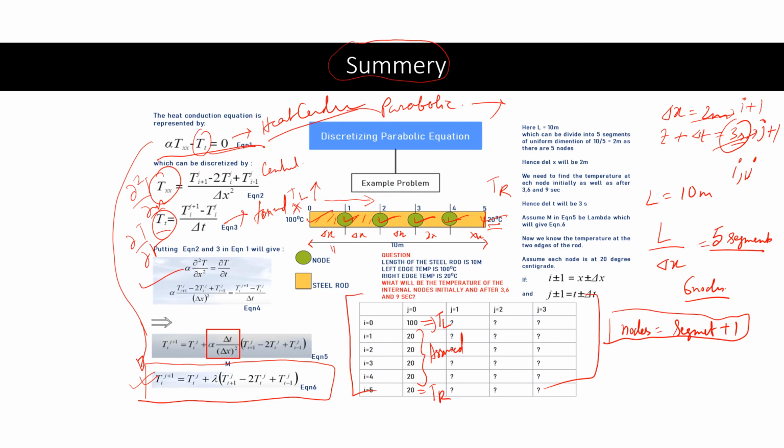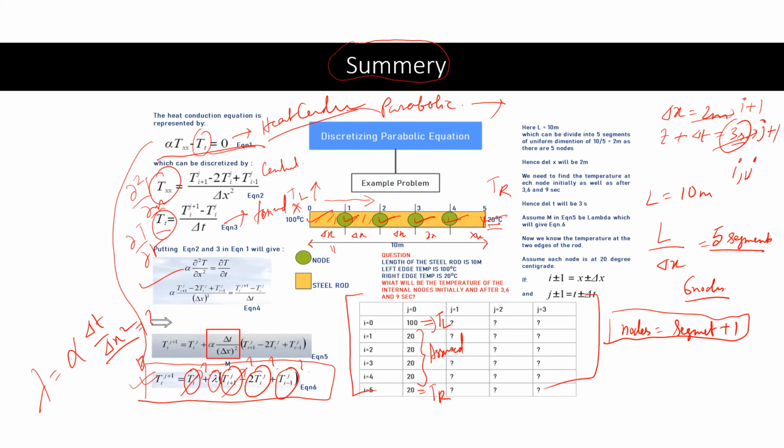Now what I have to do is find out the value of this term, this term, this term, and this term. And not only this, I also have to find out what lambda is. Lambda is actually alpha del t by del x squared.